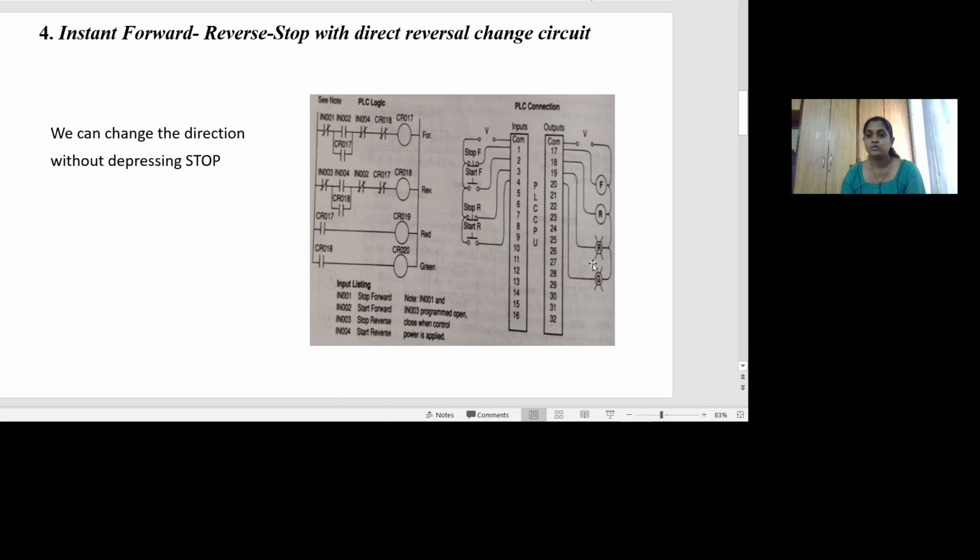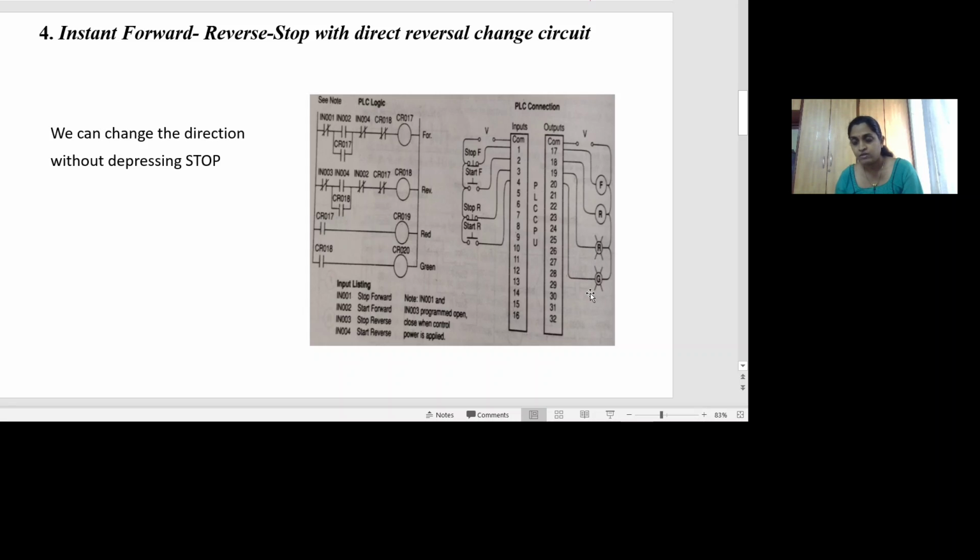In addition to this, at the output we are using two pilot lights, one red and the other green. The red light is connected between terminal 19 and common, and whenever the red light is on, it indicates that the motor is running in the forward direction.